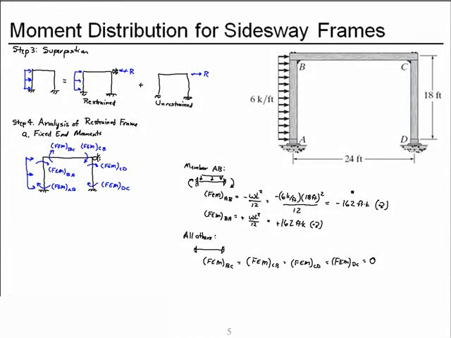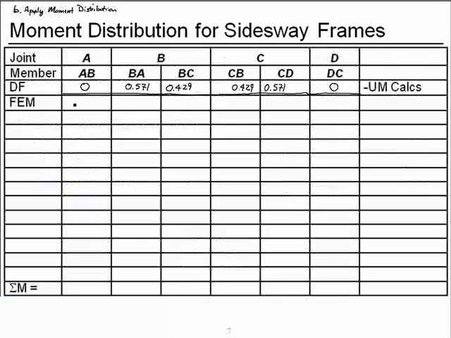For node A, we found it to be negative 162 foot kips. At node B in member AB, a positive 162 foot kips, and all the rest 0. So we have a negative 162, a positive 162, a 0, 0, 0, and 0.